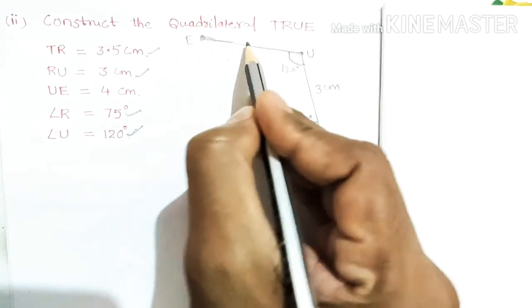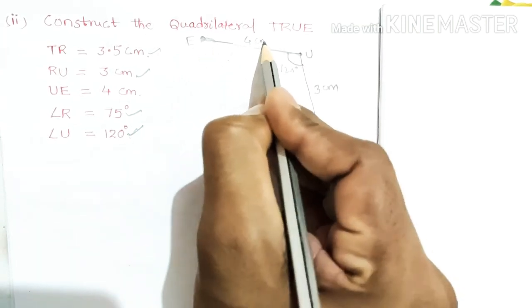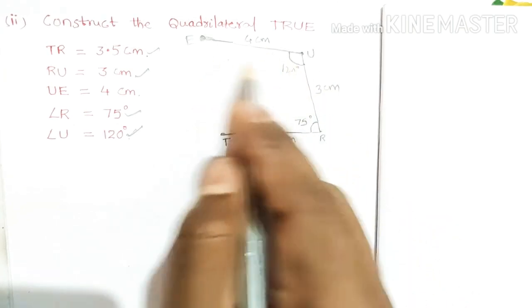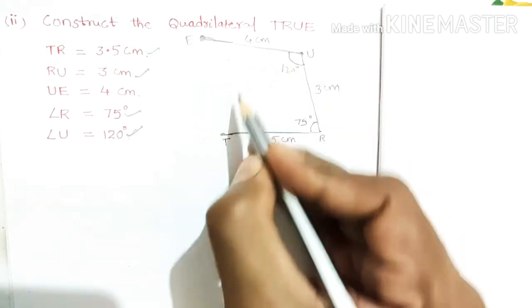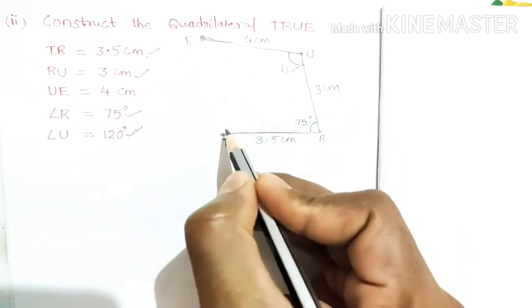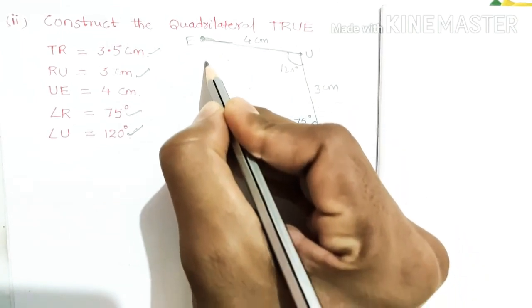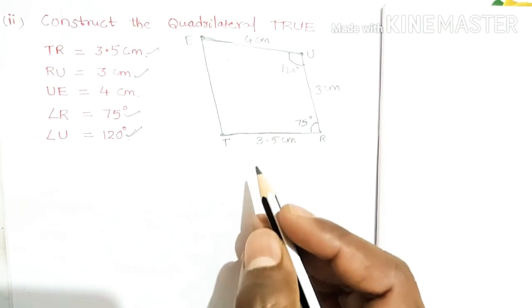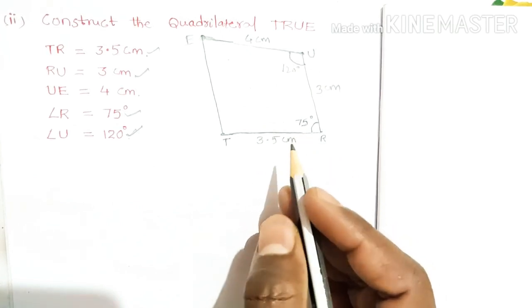UE length is 4 centimeter. 1, 2, 3, 4, 5. We used all the measurements. Then you have to join this E to T. Now this is the quadrilateral TRUE rough sketch.